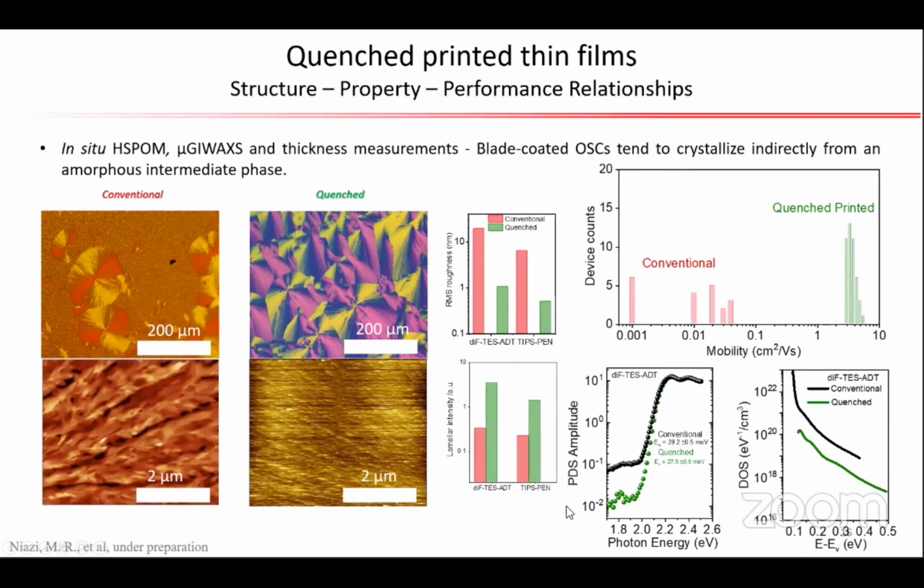Similarly, the photothermal deflection spectroscopy also showed lower Urbach energy values, which is directly correlated to the energetic disorder in the film, suggesting that the film processed through this intermediate quenched phase has a smaller energetic disorder.